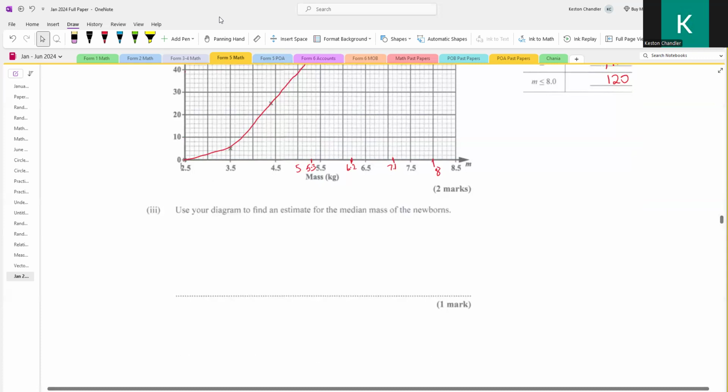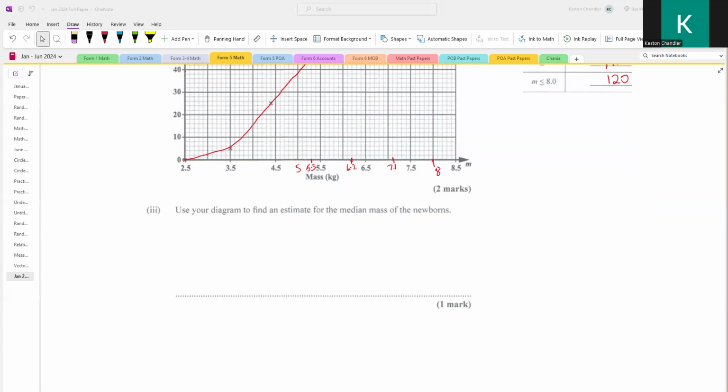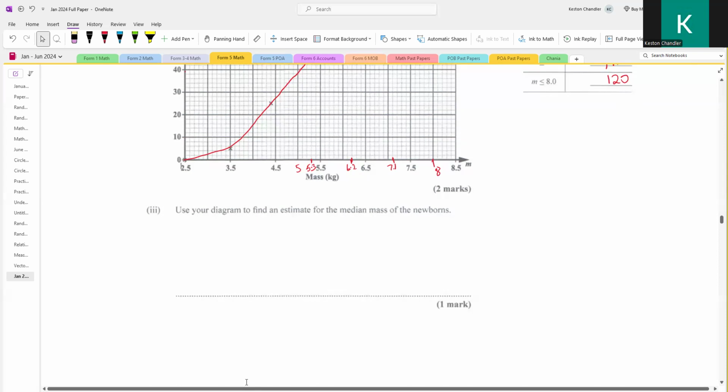So to use the graph to do that, we would just simply draw a line on our graph. Just get more ruler. Right now, the total cumulative frequency is 120, meaning that the total number of babies is 120.